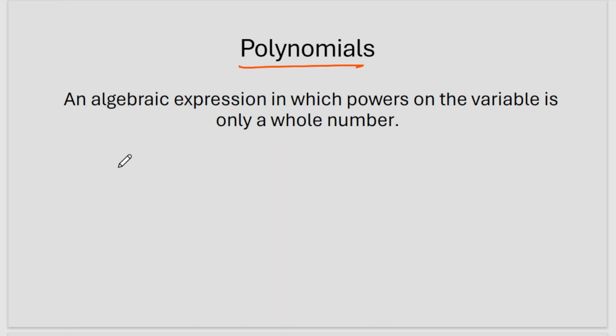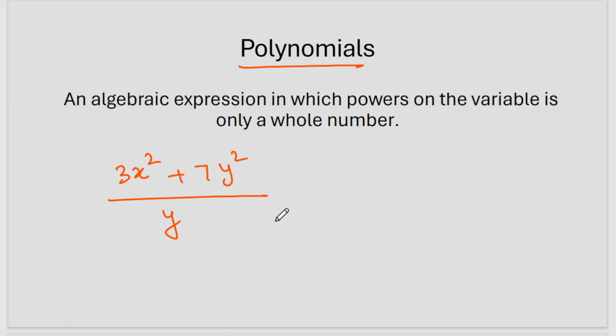If somebody asks me 3x square plus 7y square divided by y, is it a polynomial? I will say again no. Can you tell me the reason why it is not a polynomial?